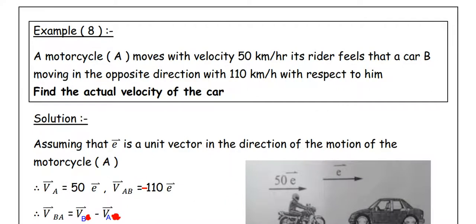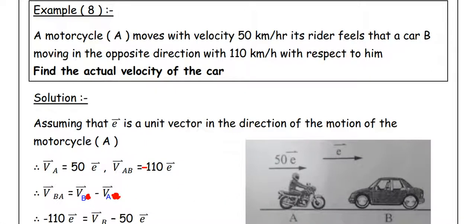Let's go to example number 8. A motorcycle A moves with velocity 50 km per hour. Its rider feels that a car B moving in the opposite direction with 110 km per hour with respect to him. Find the actual velocity of the car.